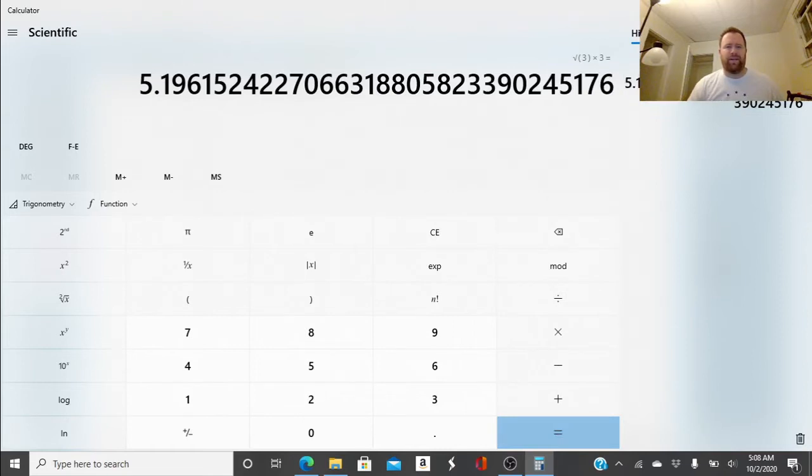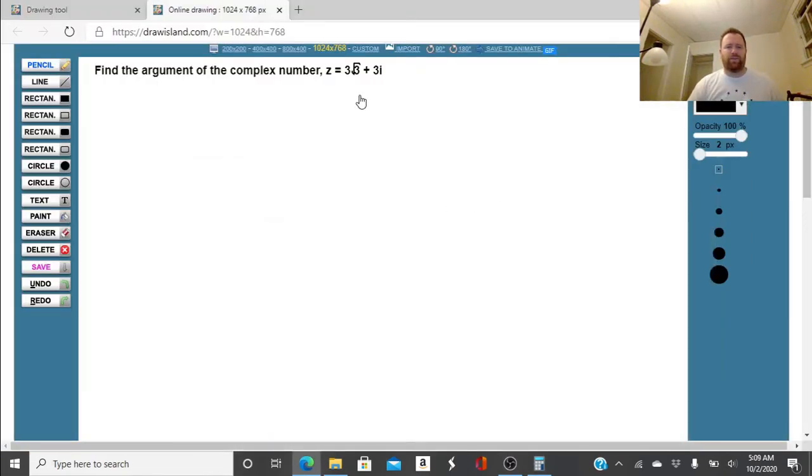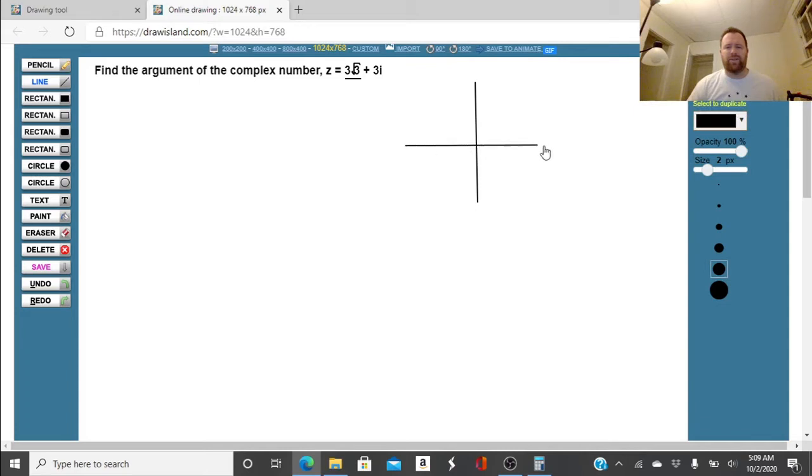Okay? So that'll help me to draw this number. So this here is a little over 5. Okay? So actually let me do a straight line here. So we'll draw the vertical axis, which is your imaginary axis, the horizontal axis, which is your real axis.